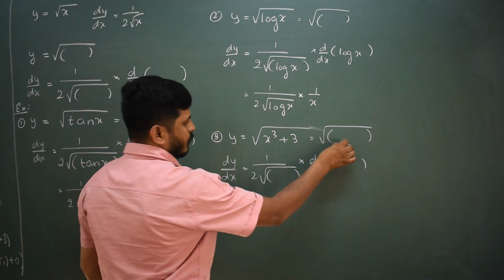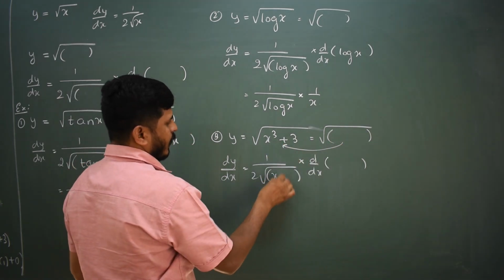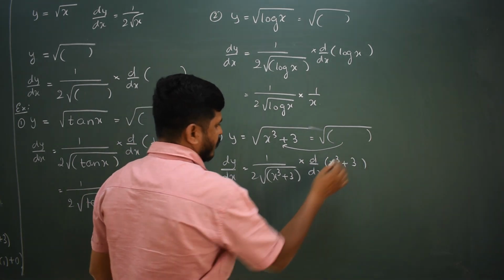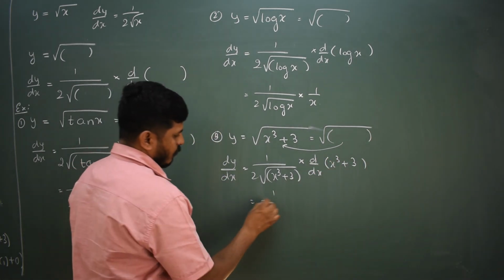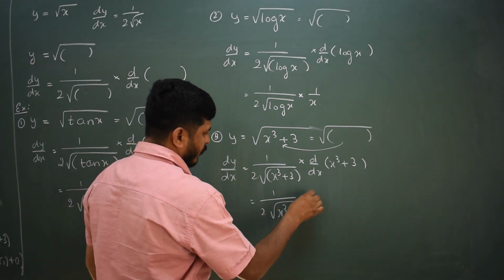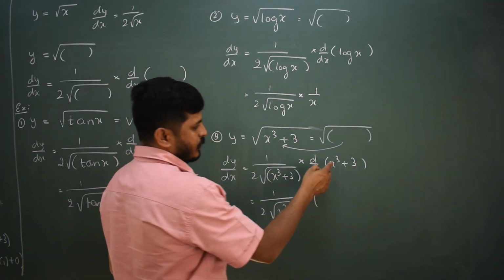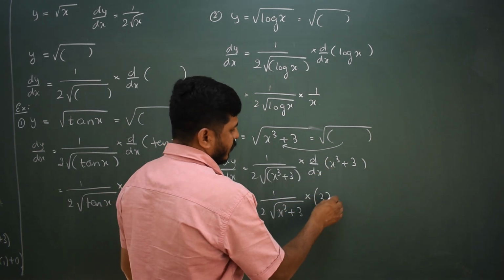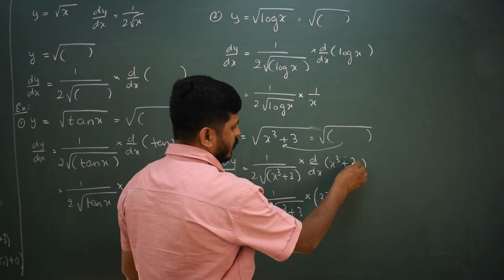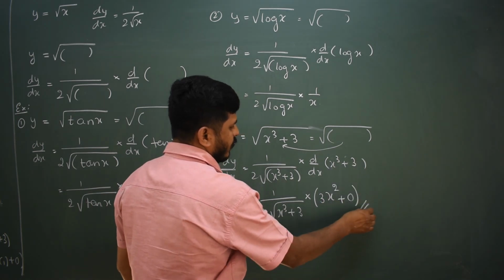In the place of something I have x cube plus 3. That's equal to 1 by 2 root x cube plus 3 into differentiation of x cube, x raised to n, n x raised to n minus 1, 3 minus 1 is 2. Plus differentiation of constant is 0.